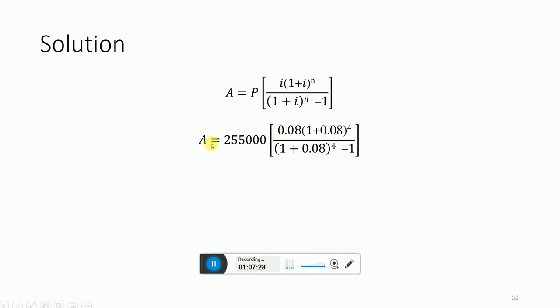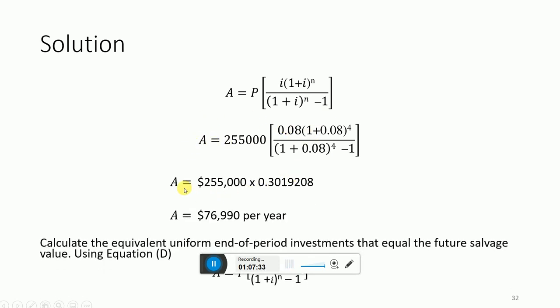So we can get the value of A. Just simplifying this would be 0.3019, which we have to multiply with this. So we get 76,990 dollars per year.